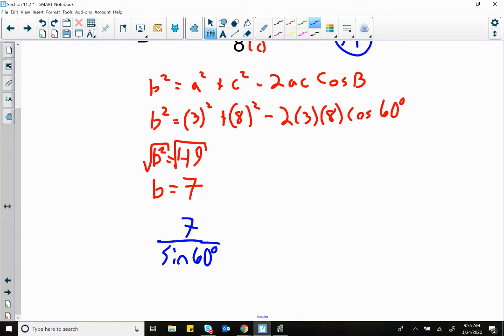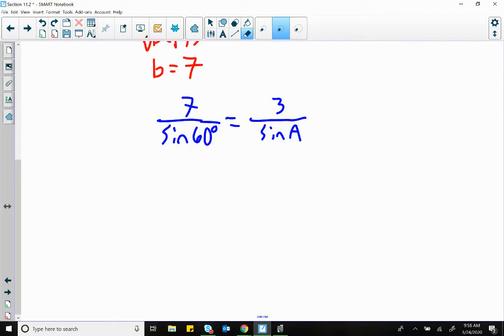And that's going to equal, the length of side A was 3, over sine A. And again, we're solving for A because it's the smaller of the 2. If you solve for the other guy, that's kind of creating an ambiguous case where you don't know whether it is that angle or its supplement. So you want to solve for the smaller of the 2.